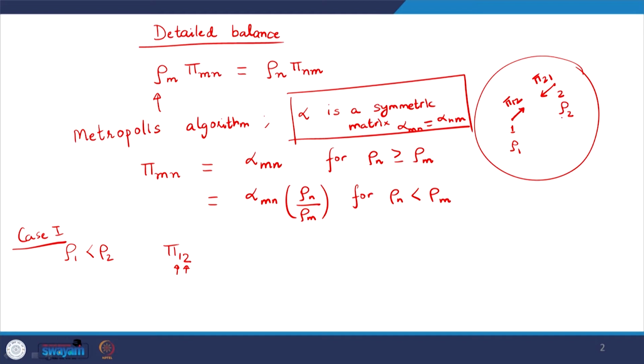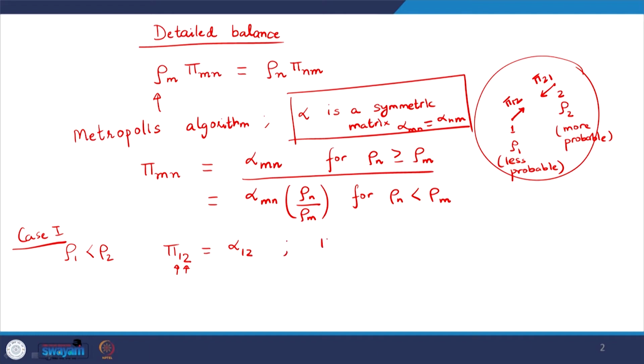So what it means physically is this state is more probable and this state is less probable. So therefore I will use the first relation because rho n here is greater than rho m. So this will be equal to alpha 1 2.